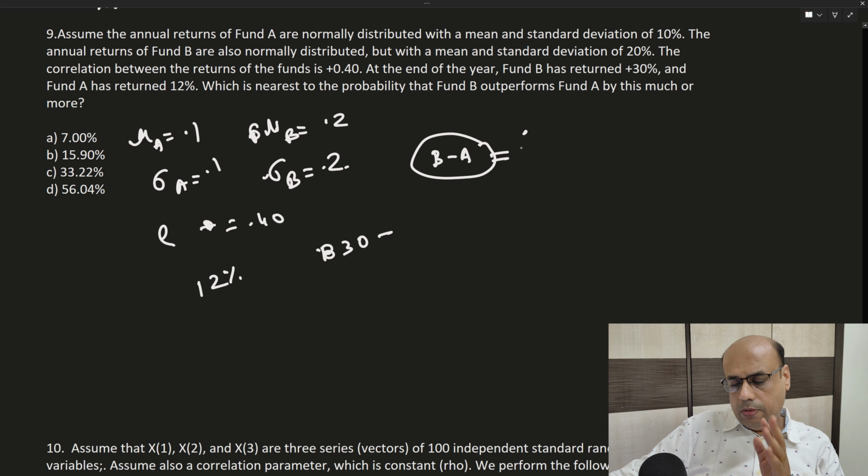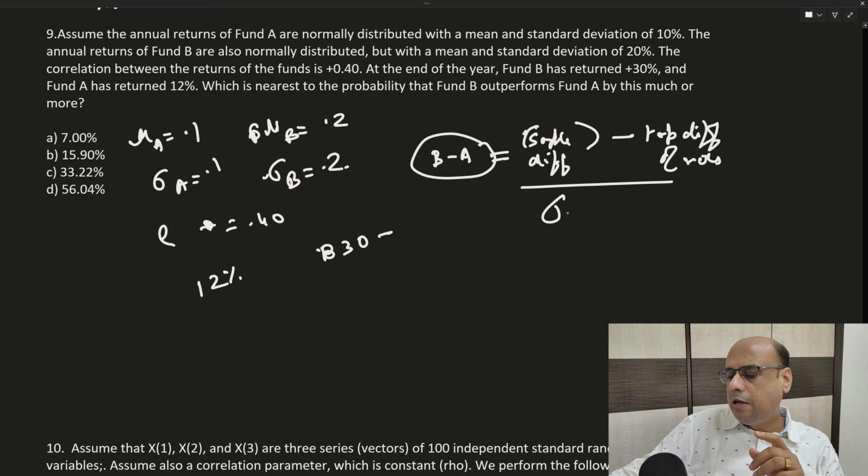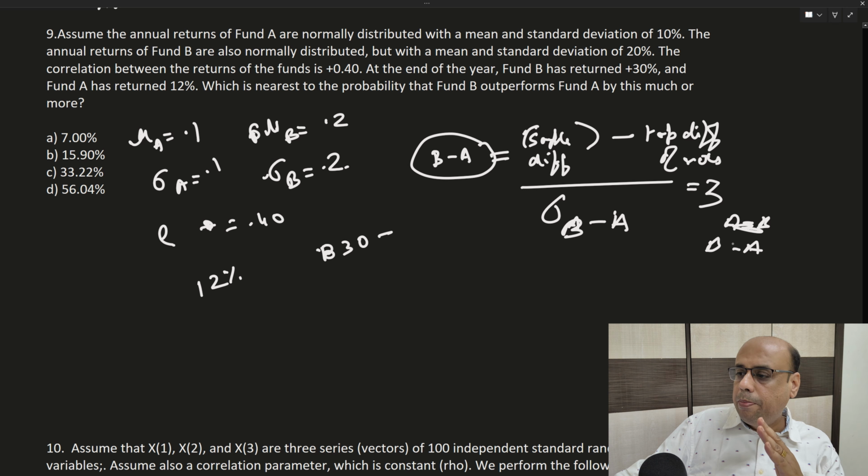For calculating the Z value, this is the sample difference of returns minus the population difference of returns, divided by sigma of B minus A. This is the formula for Z, for B minus A. Again, I am repeating, this is simple.